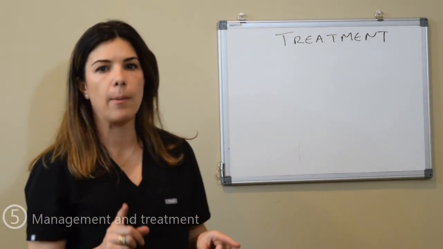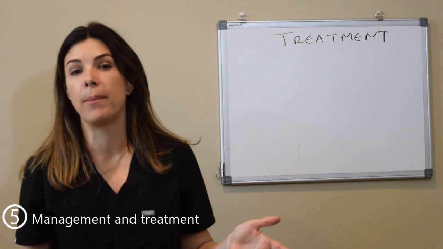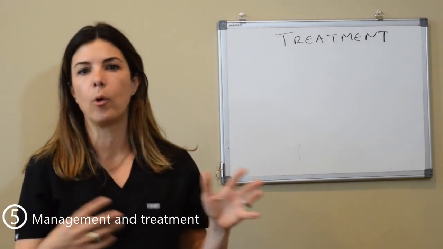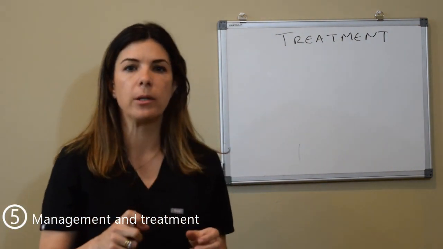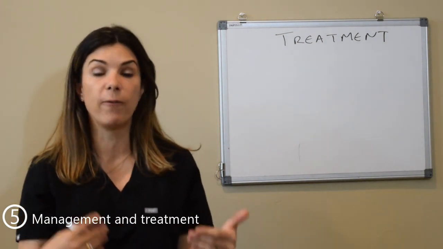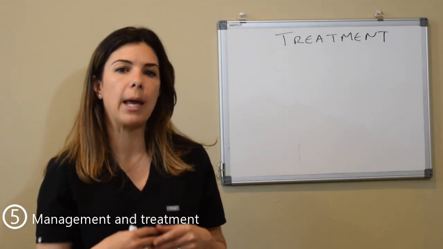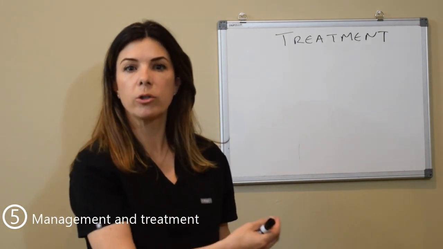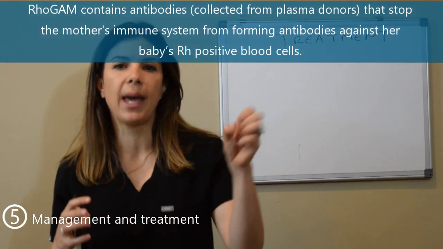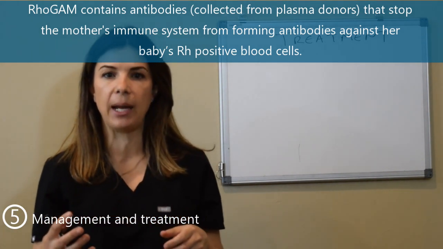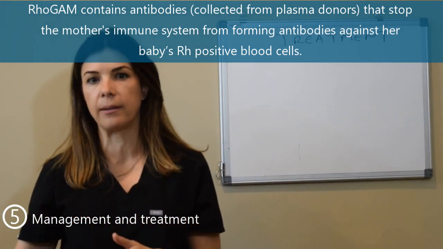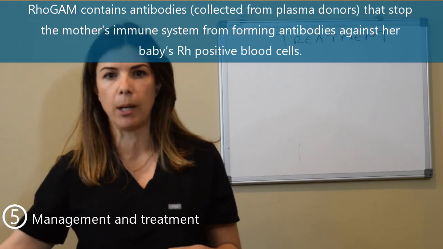Right, now let's start going through the actual management and the treatment. The first thing I want to say is that for Rh incompatibility, or any time a mummy is Rh negative, whether she's O negative or AB negative, the management starts before the baby was born. During pregnancy, at 28 weeks, as well as at the time of delivery, the OBs will administer a RhoGAM shot to the mothers to capture all those antibodies that the mummy's made so that they won't go through the placenta and cause hemolysis and hyperbilirubinemia.